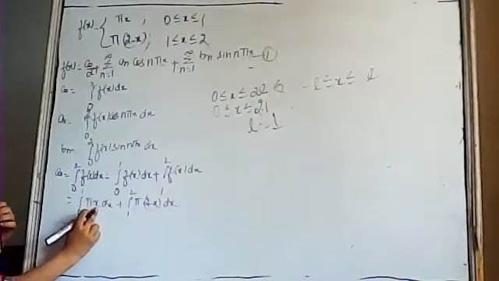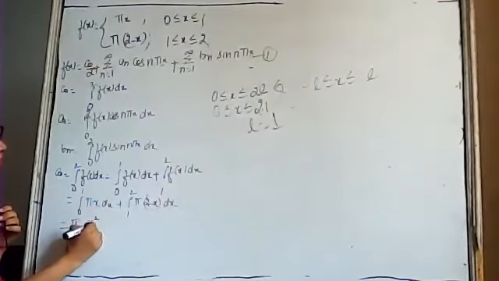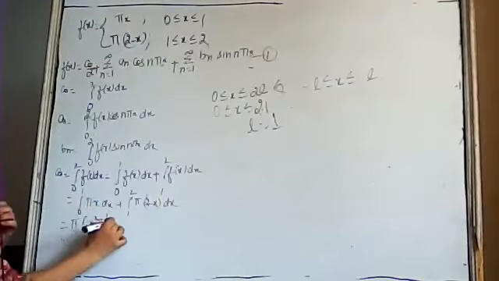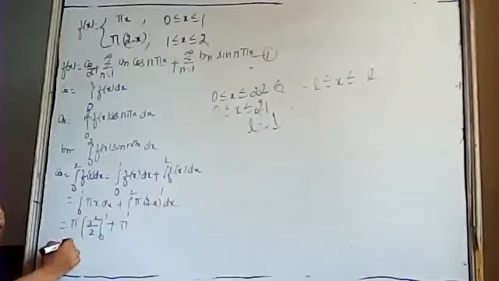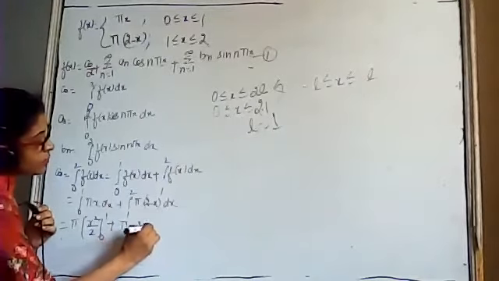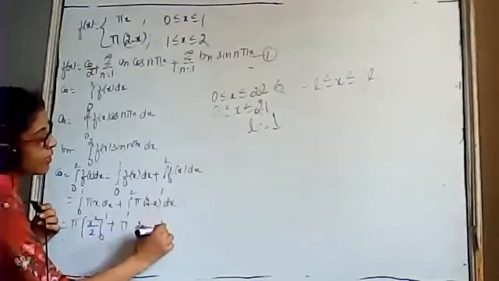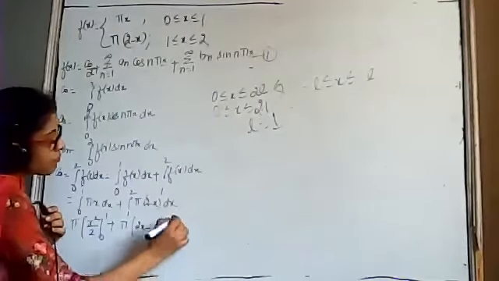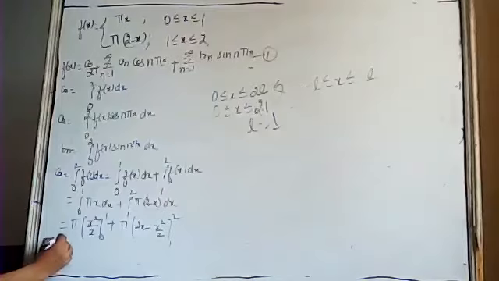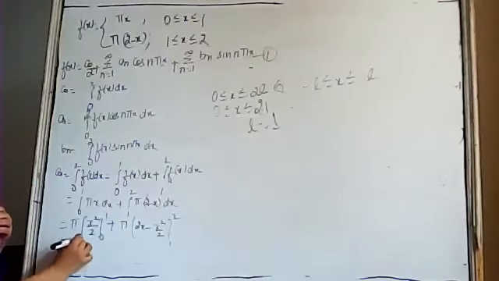We have to integrate x, and the integration of x will be x square by 2, and limits are from 0 to 1, plus again pi is constant. It can be taken outside. Integration of 2 will be 2x minus integration of x, which will be x square by 2, and limits are from 1 to 2. After that, substitute the limits.